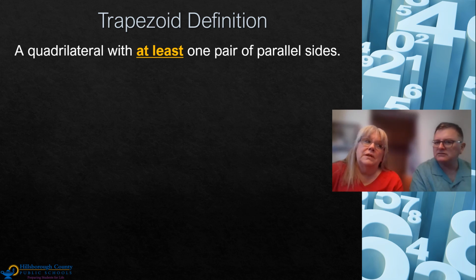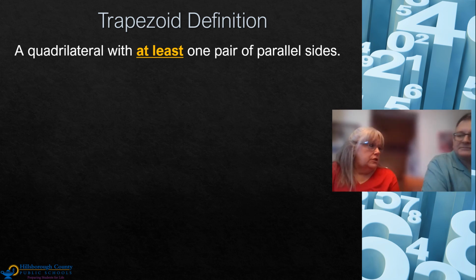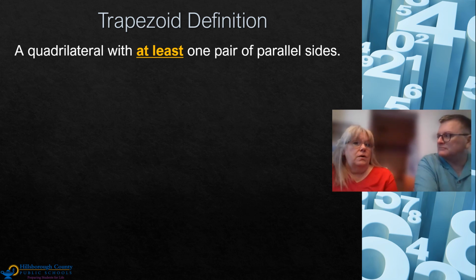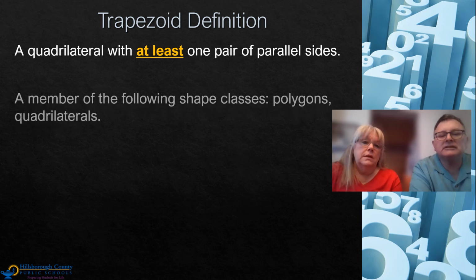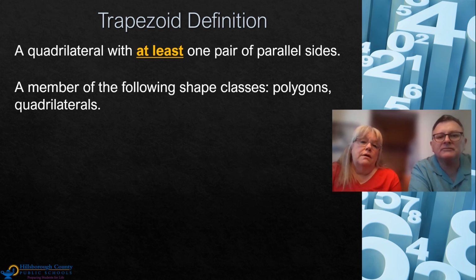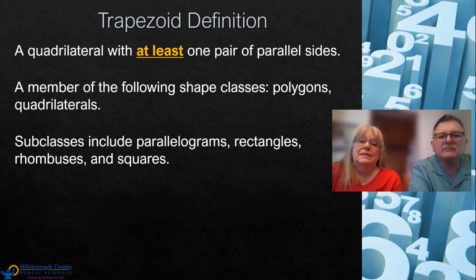Most people have been using the exclusive definition in the past, which is a trapezoid has exactly one pair of parallel sides. Those are still trapezoids, but now we're also including quadrilaterals that have two pairs of parallel sides. It does change the subcategories. So it is a member of the polygon and quadrilateral classes, but it has all of these subclasses.